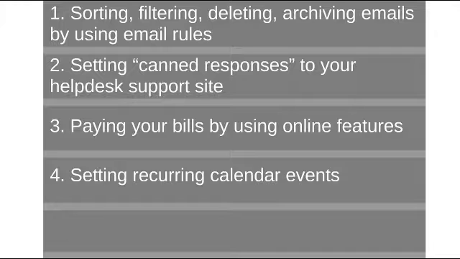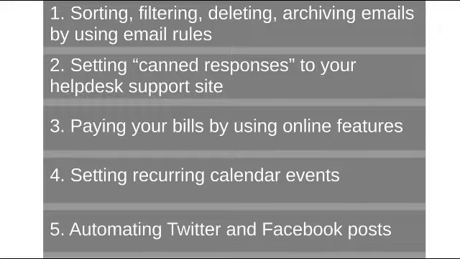Next, you want to set up recurring calendar events, and you can easily do that if you have something like Google Calendar or an iPhone or whatever smartphone you have. Generally speaking, there's a little option or feature where you can set it to recur. That's something you want to do if it's an ongoing thing.